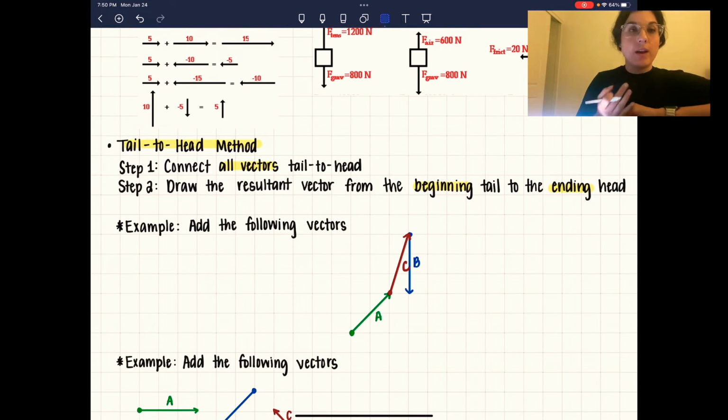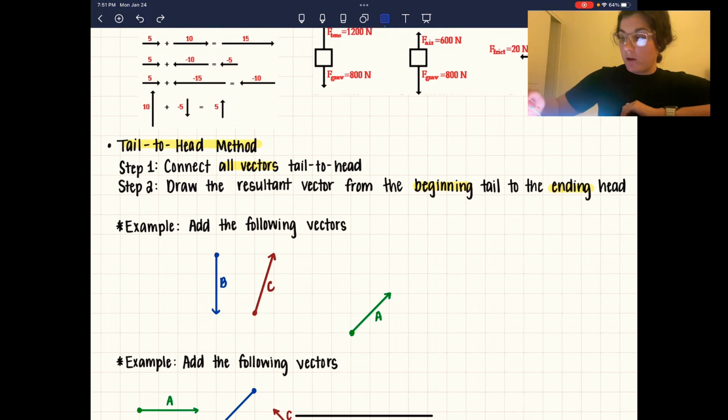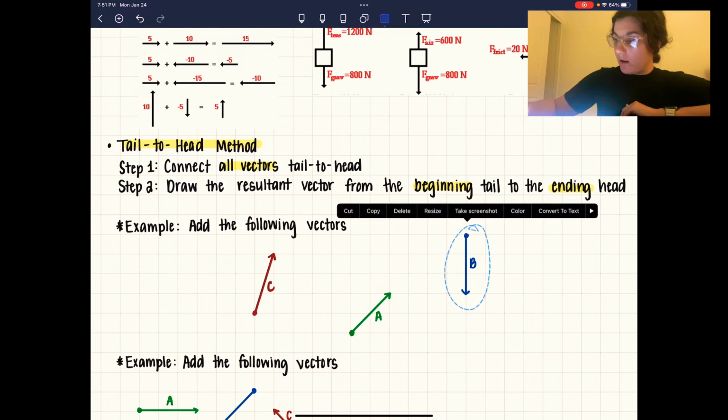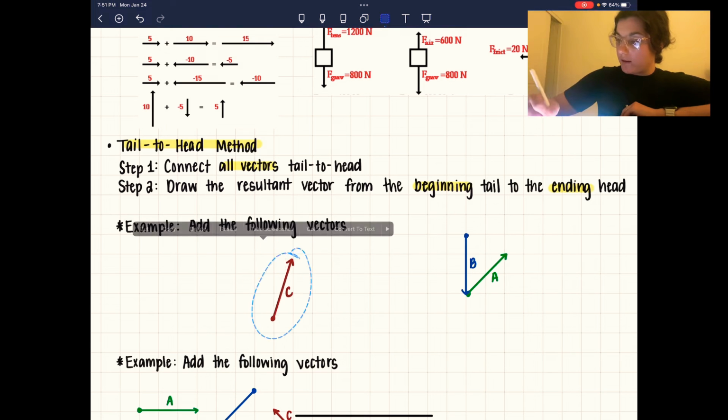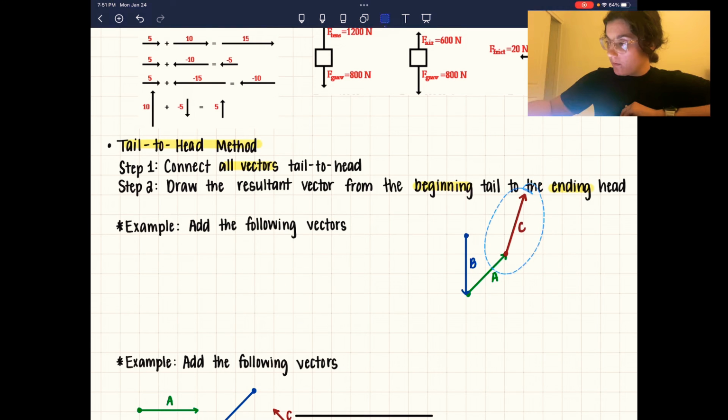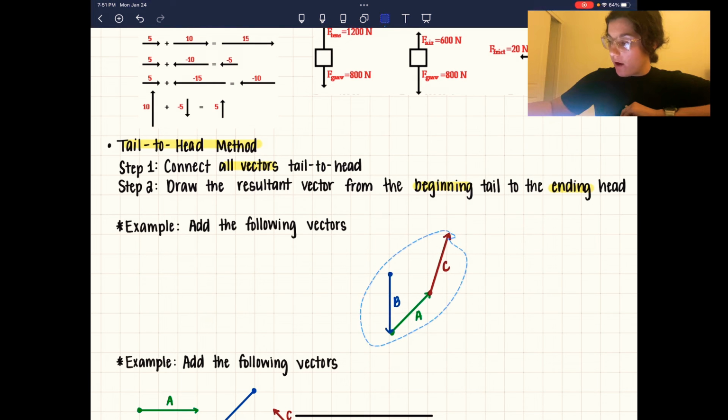Now, the order that I add my vectors doesn't make a difference. The fact that I added A and then C and then B won't make a difference from if I went in the other direction. Maybe I start with B and I add A, and then from A I add C. I'm actually going to get the same resultant vector either way.